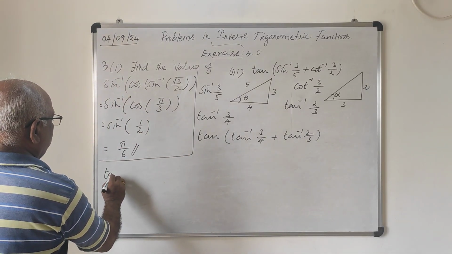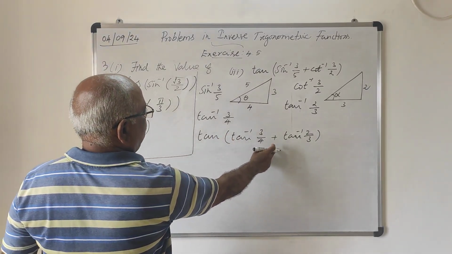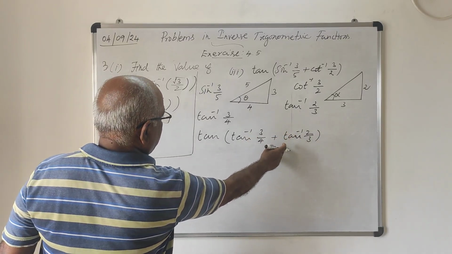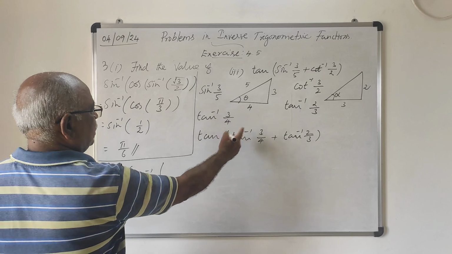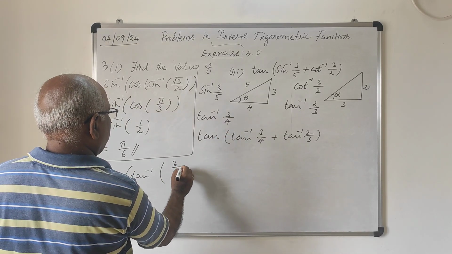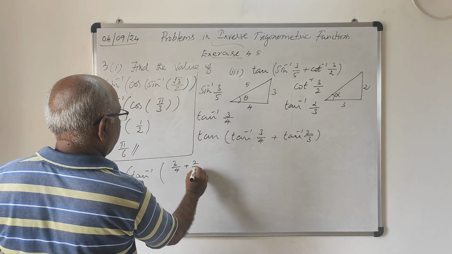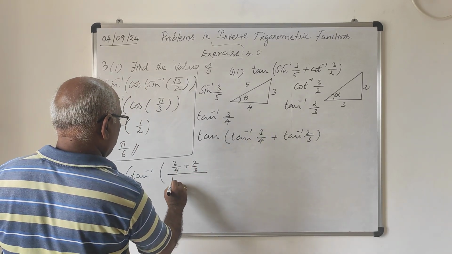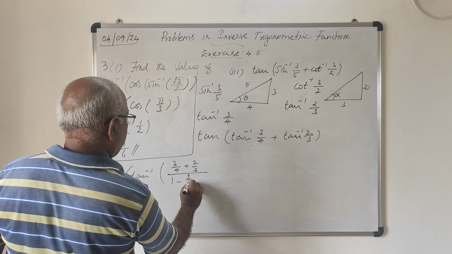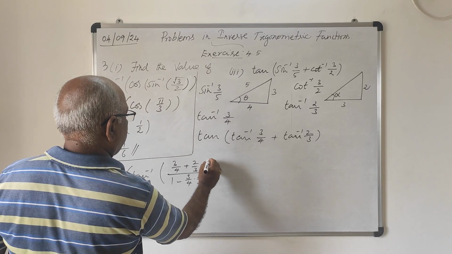Tan inverse x plus tan inverse y is tan inverse of x plus y by 1 minus xy, with 3 by 4 plus 2 by 3 over 1 minus 3 by 4 into 2 by 3.